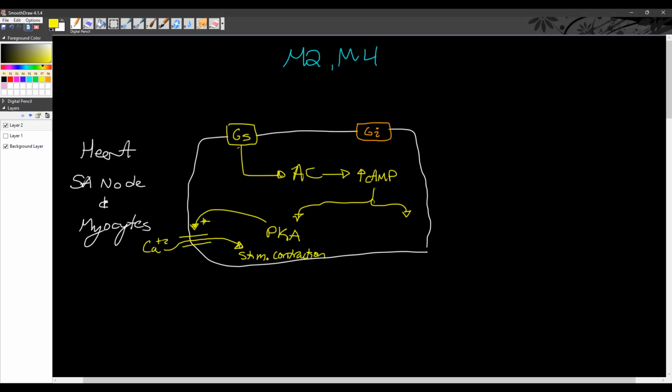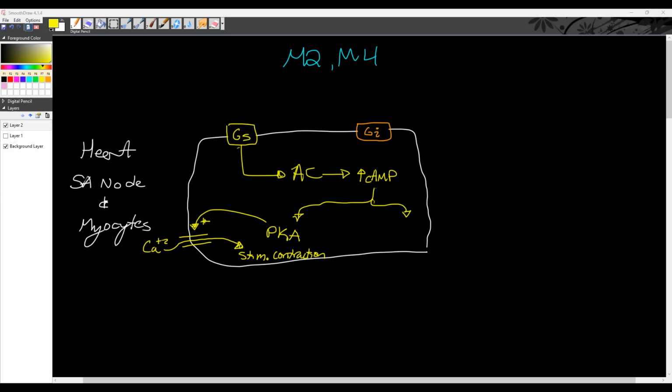Right? We know calcium is a major factor in contraction.